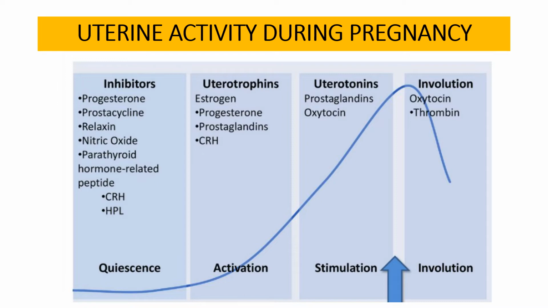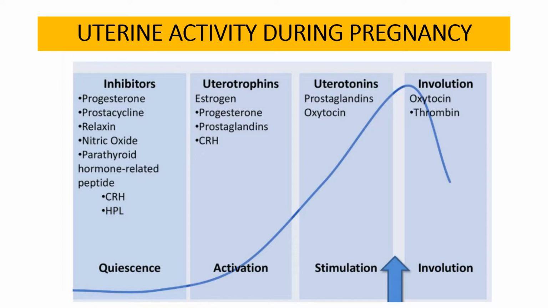So what are the inhibitors which are acting initially to decrease the uterine contractility? These are progesterone, prostacyclin, relaxin, nitric oxide, parathyroid hormone related peptide, CRH and HPL. Now from the 6th or 7th month there is an increase in estrogen, but simultaneously there are inhibitors also.